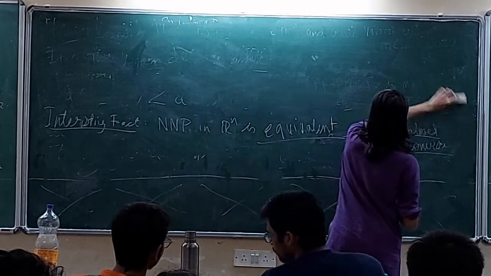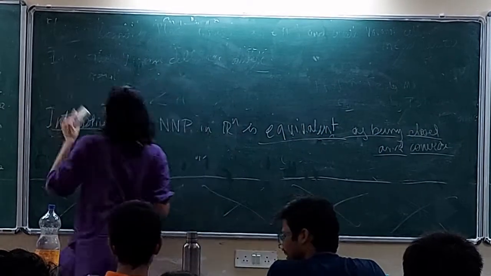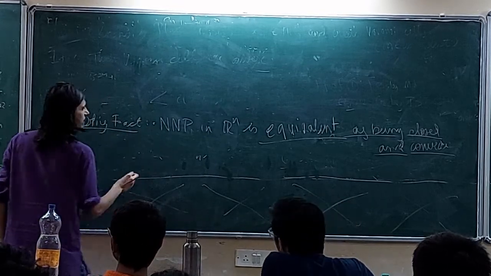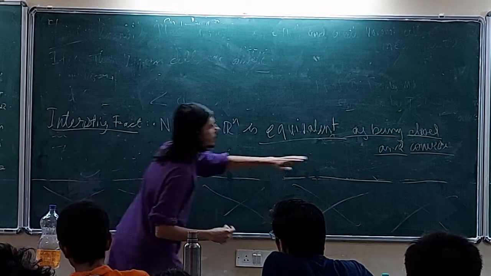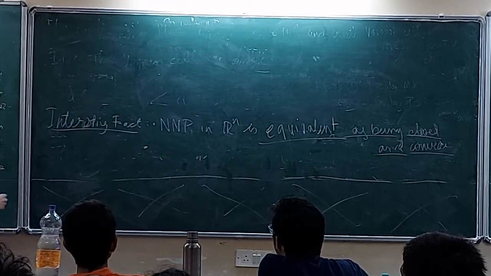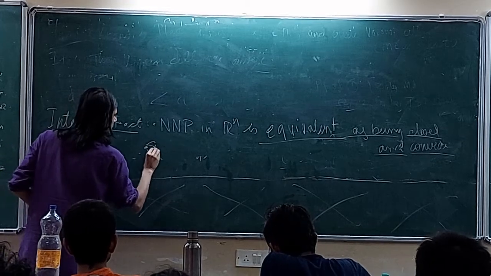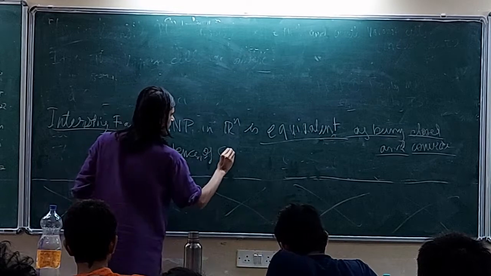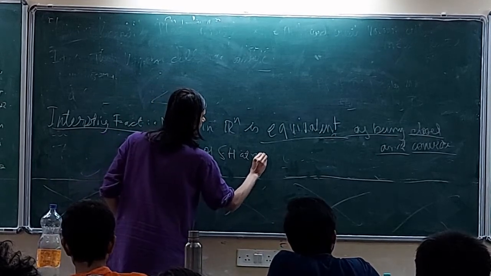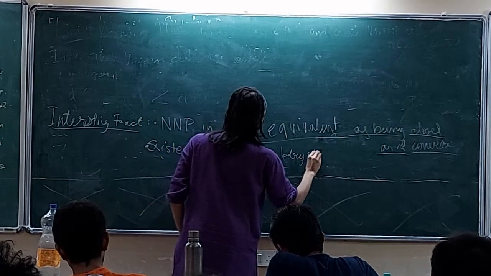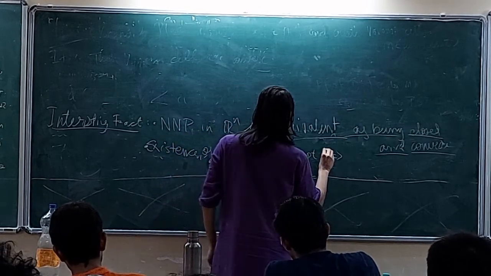Another interesting fact along with this: nearest neighbor in Rn is equivalent to being closed and convex, and existence of a supporting hyperplane at every boundary point is equivalent to being convex.